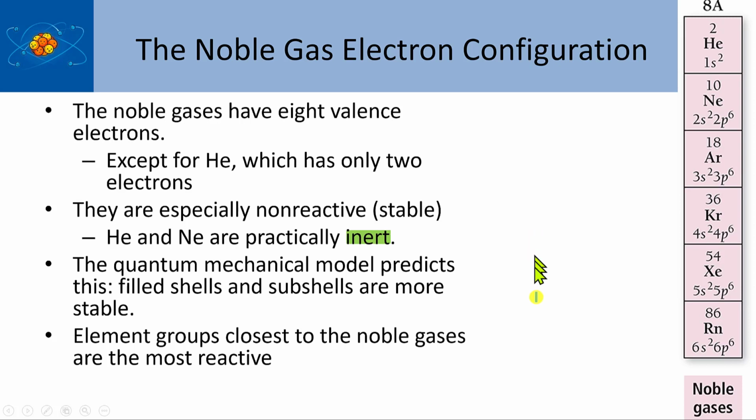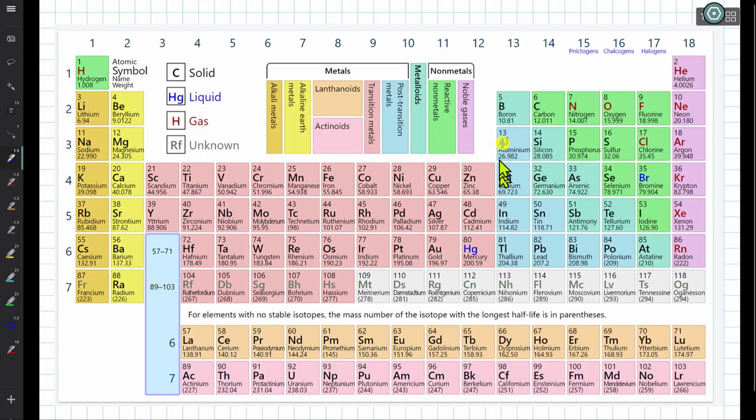Now, it also turns out that quantum mechanics would predict elements that are close to these elements would be more reactive, because what they tend to do in their reactions is go to electron configurations that produce noble gas electron configurations. So what groups of elements are the most reactive? We have to go to our periodic table again. The noble gases are here.